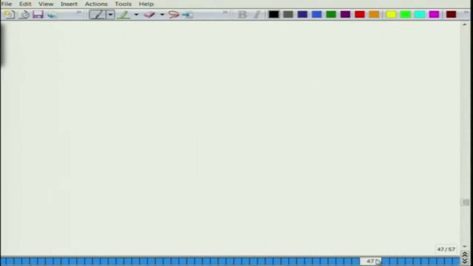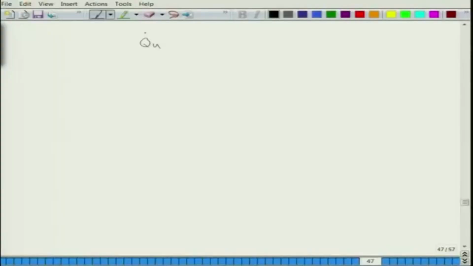Okay, fine. So, now we have to somehow summarize what we did by all these thermal analysis that we did for the flat plate collector. So, the most useful expression that we obtained so far is A C F R multiplied by S minus U L times T F I minus T A. Okay.